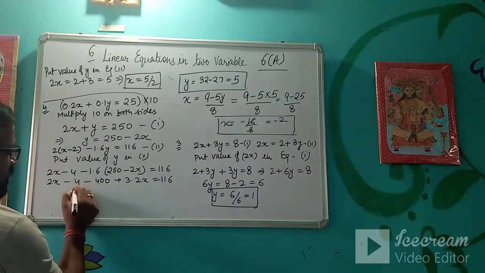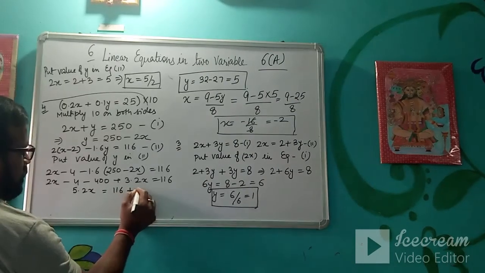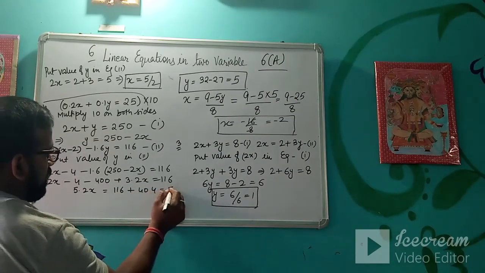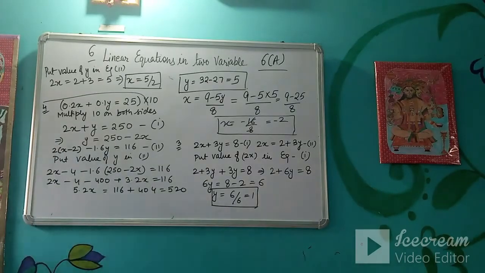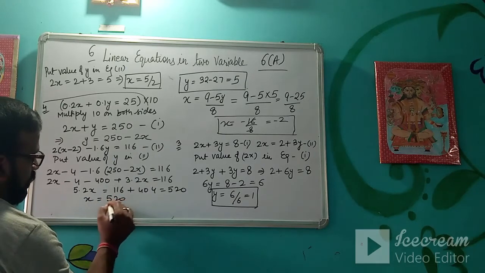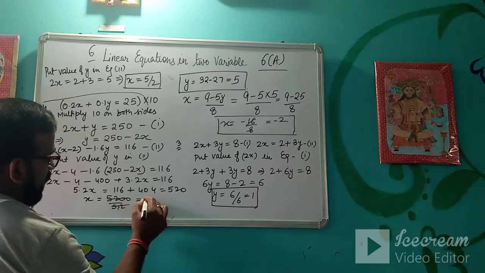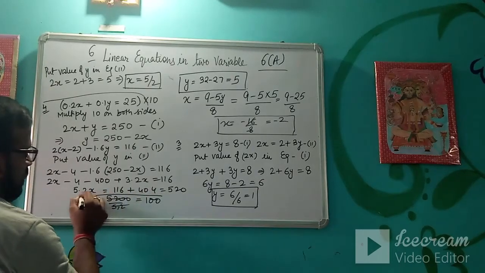So 2 plus 3.2, 5.2x equals 116 plus 404, that is 520. So what is x? X will be 520 upon 5.2. One decimal will come here. So x will be 100.